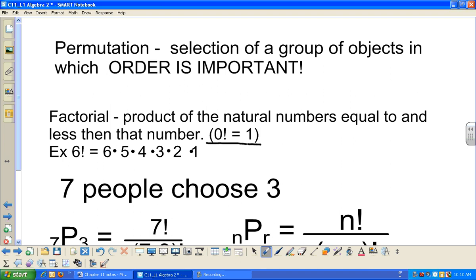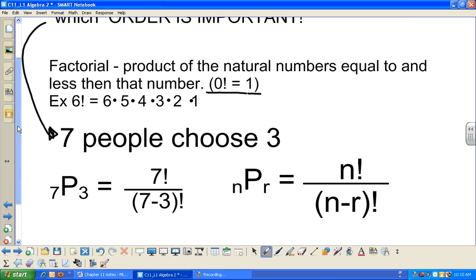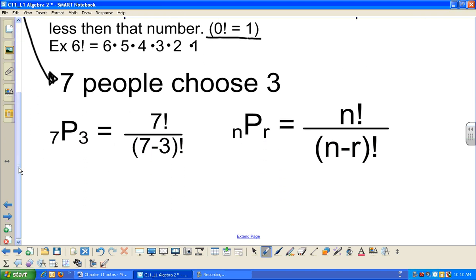So when I'm talking about permutations, and if I have 7 people choose 3, an example would be first, second, or third, this is the formula that I use. N is going to be the total number of people to choose from.